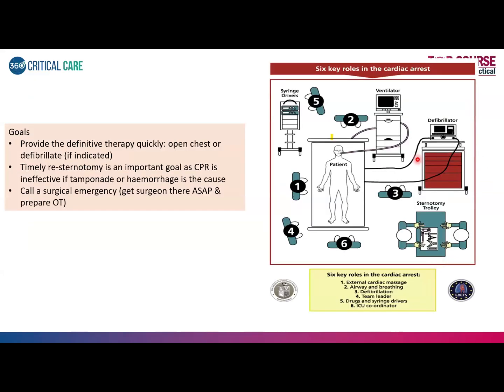Okay. So, the goal is to provide the definitive treatment as early as possible. Whether you open the chest or you defibrillate, timely desternostomy is an important goal, as CPR is ineffective in such cases. Okay.